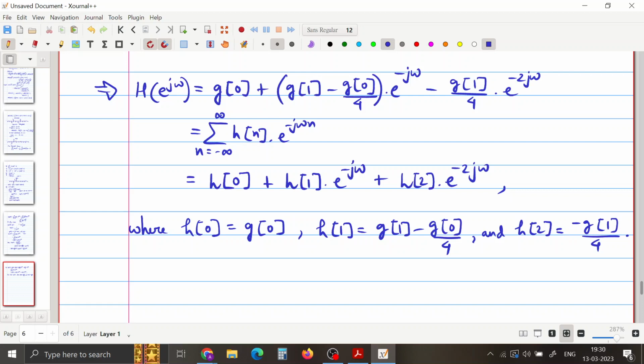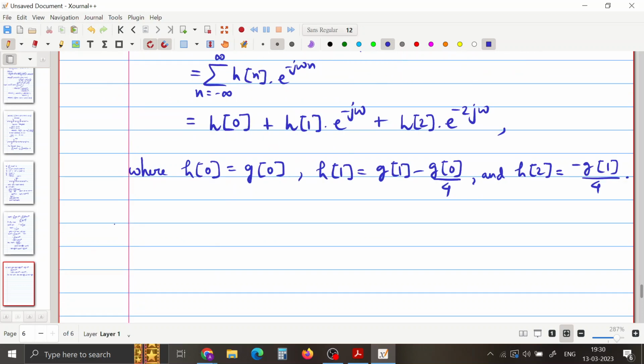Right. And remember, we are trying to find h of n, the impulse response that has been asked in the question. So far we have seen that h of n has only three terms, corresponding to the indices n equals 0, 1 and 2.